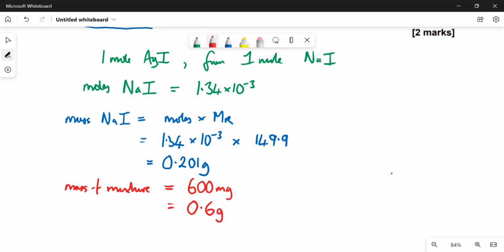Okay, so what's going to be our mass of chloride, then we just have to subtract.